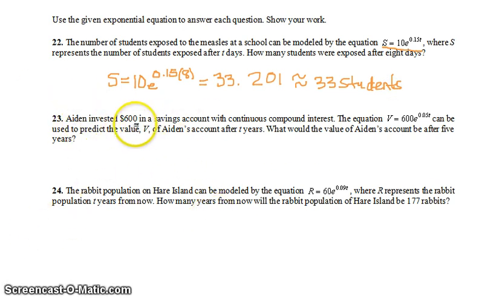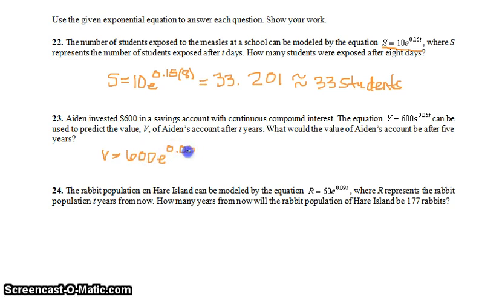Aiden invested $600 into a savings account with continuous compounding interest. The equation V equals 600e raised to the 0.05T can be used to predict the value V in Aiden's account after T years. Well, how much money would be in his account after 5 years? So again, V equals 600 was his starting amount, e for continuous.